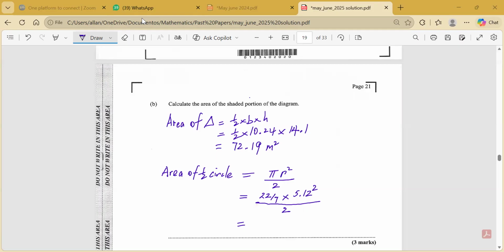Ezekiel, correct. Matthias, yes. Antonio, no, you made a mistake. Antonio, put 22 over 7, then multiply it by 5.12 squared, and then divide the answer by 2. You all will get something like 41.19.